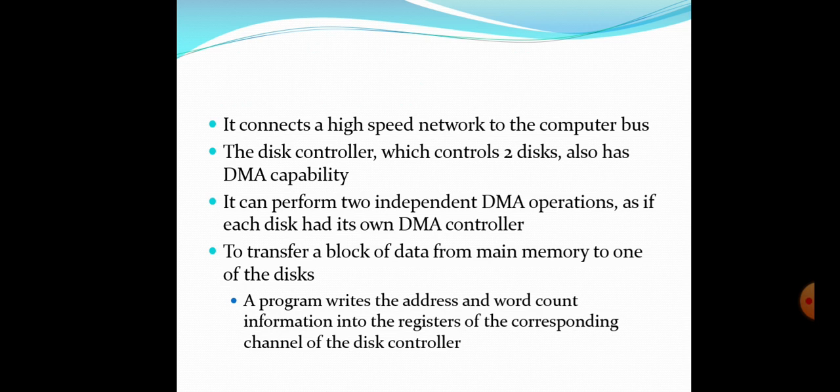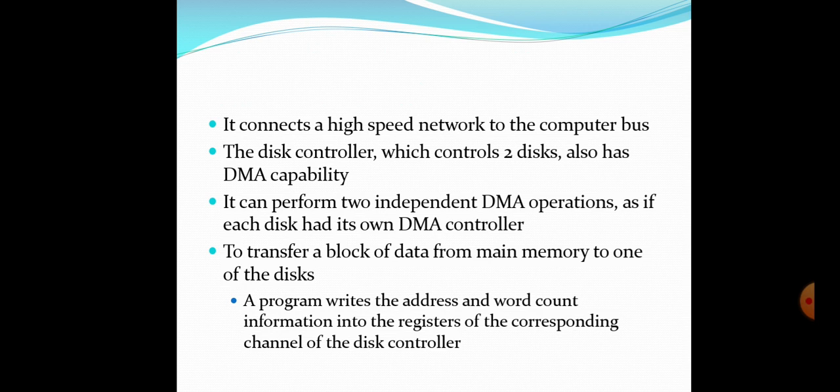To transfer a block of data from main memory to one of these disks, first a program writes the address and word count information into the registers of the corresponding channel of the disk controller. In order to initiate this process, first we need to set the status of all the three registers associated with this DMA controller.